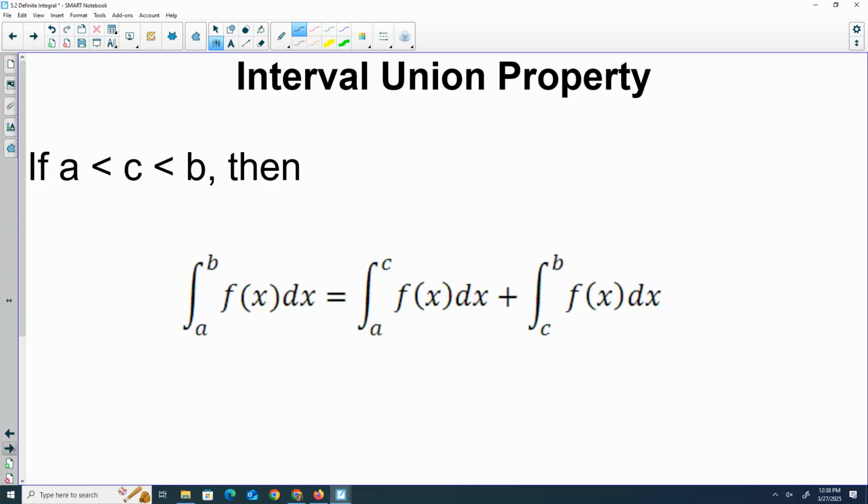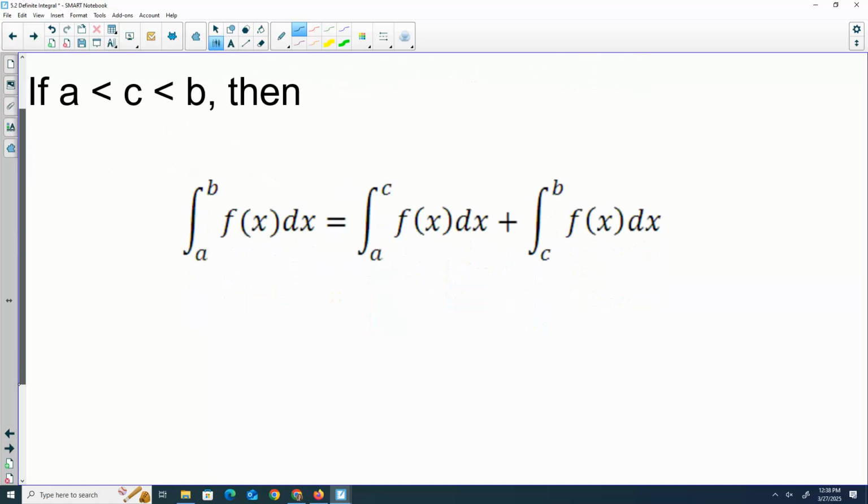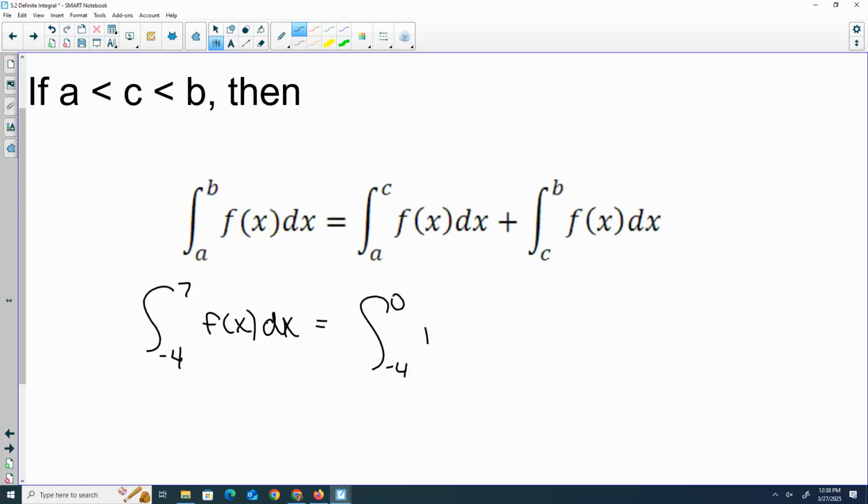So for instance, if I were wanting to integrate from -4 to 7 of some function, it might be helpful for me to integrate from -4 to 0, and then from 0 to 7, and add those together. That is usually like when you have a piecewise function. When it's defined differently on different parts of the domain, you'll have to do an integral for each piece.